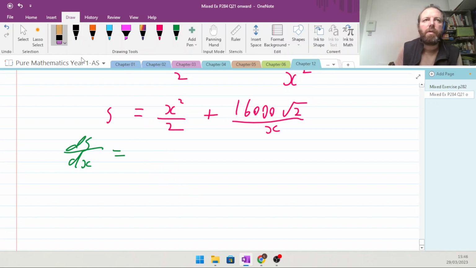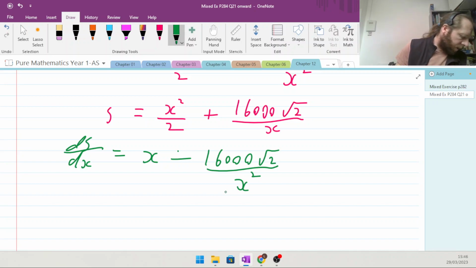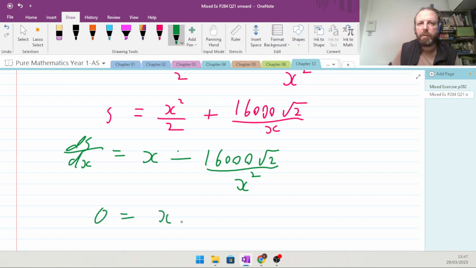Getting confused with my integration. x minus 16,000 root 2 over x squared. Okay. Use calculus to find the minimum value of s, so we need to take that and say it's equal to 0 to find the minimums and maximums. So 16,000 root 2 over x squared.